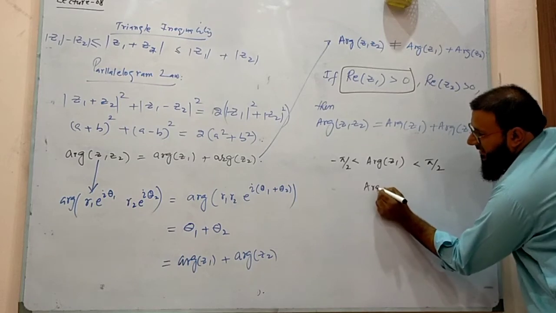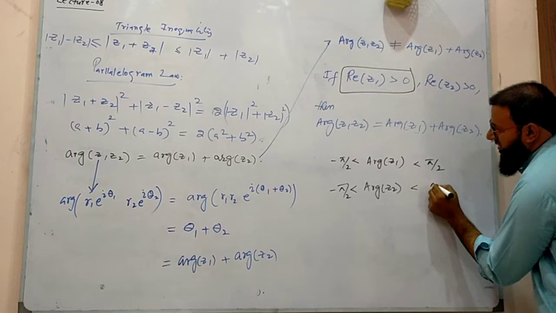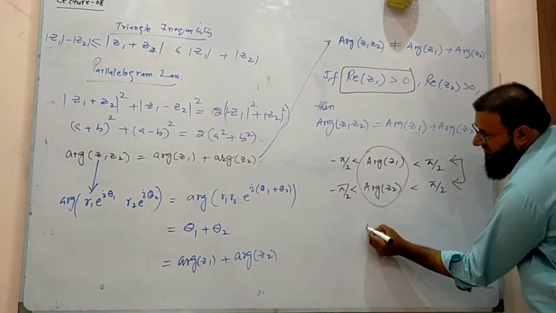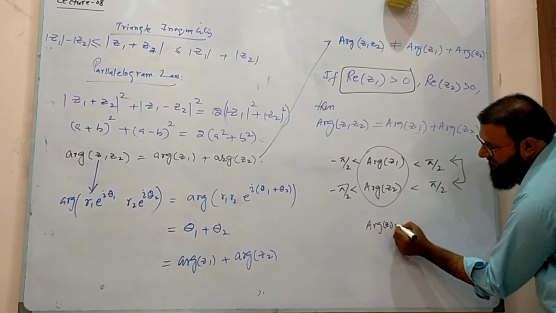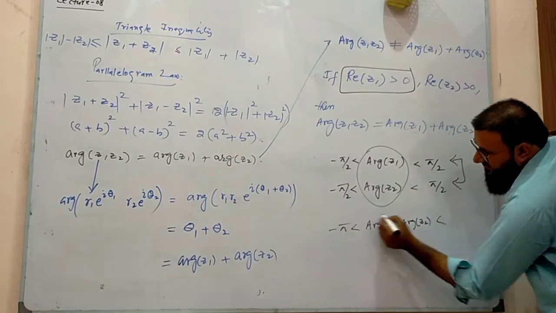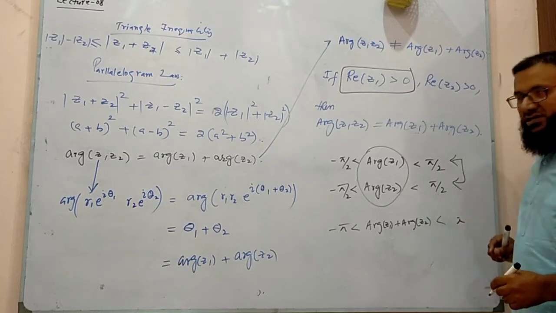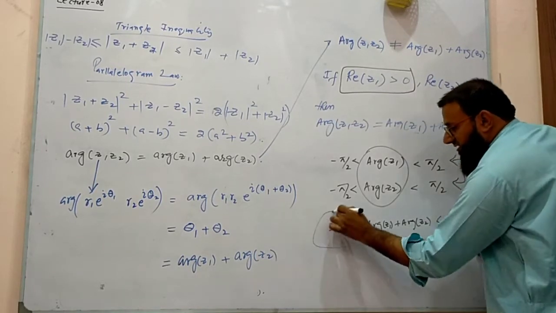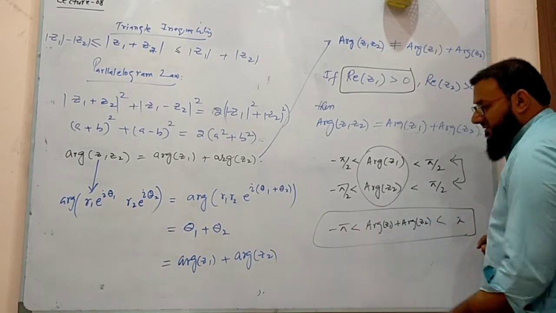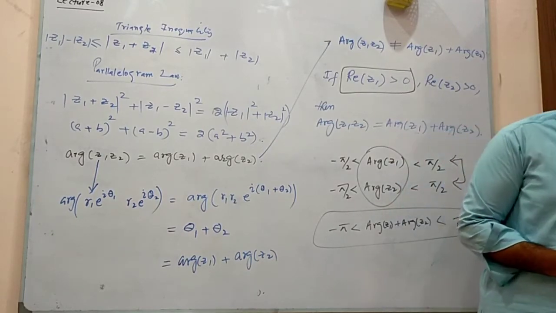The principal argument of Z2 is also between minus pi by 2 and plus pi by 2. If you add these two, the sum, argument of Z1 plus argument of Z2, is between minus pi and plus pi. So this is okay, and we know very well the principal argument is between minus pi and plus pi. Then this thing is okay, otherwise not.